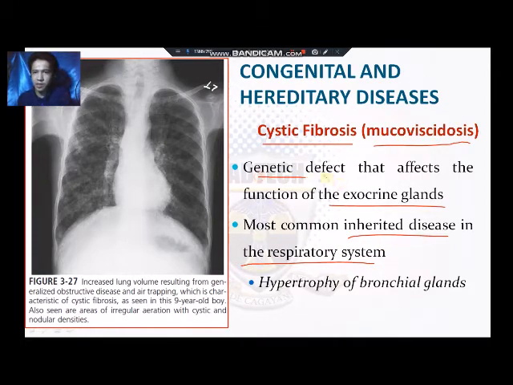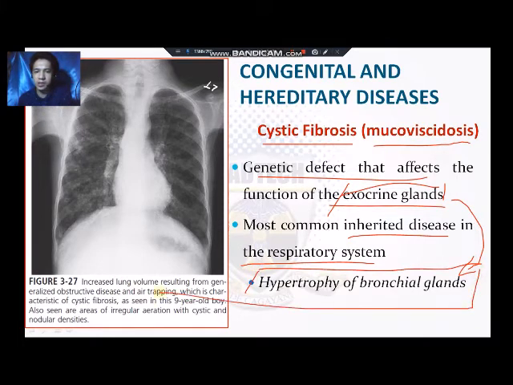Because of this genetic defect of the exocrine glands, the patient may experience hypertrophy of the bronchial glands. The patient may sometimes produce a lot of mucus because of the malfunction of their exocrine glands.